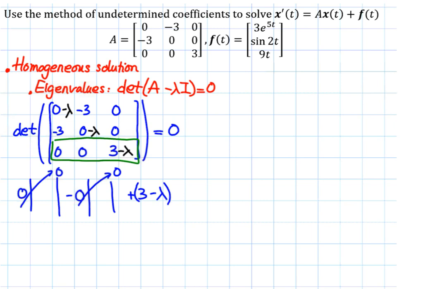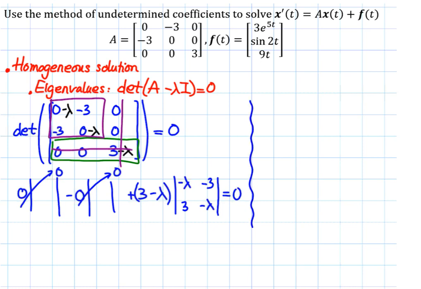If we cover the row and the column containing 3 minus lambda, we're left with this matrix. So we're going to have 0 minus lambda, so that's minus lambda, and then minus lambda, minus 3, minus 3, equal to 0.